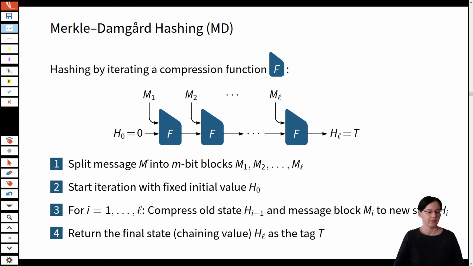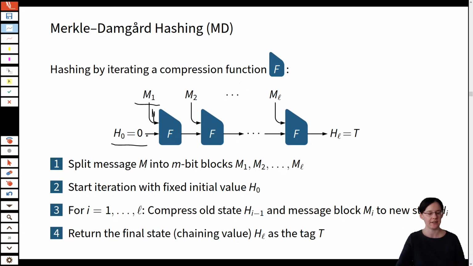And so if I want to use one of these compression function designs to build a hash function, all I have to do is start computing at some initial value, for example, 0. And then I keep hashing my message. So I split my message into blocks that are exactly the size that I can fill the input up with.